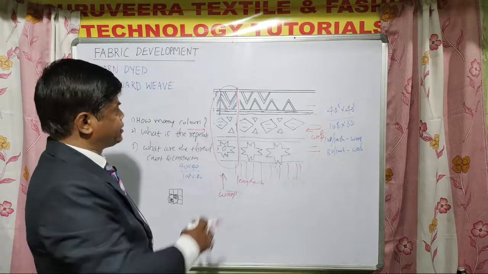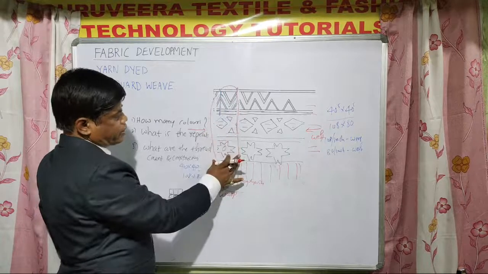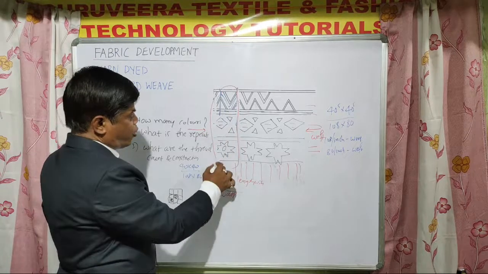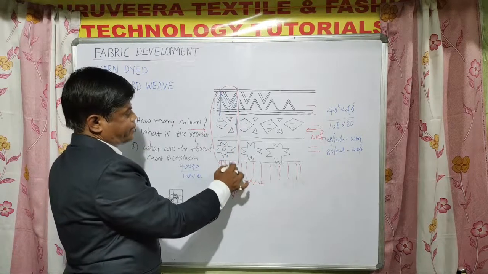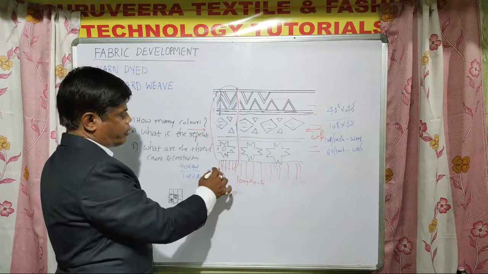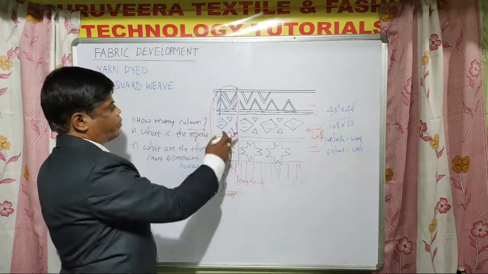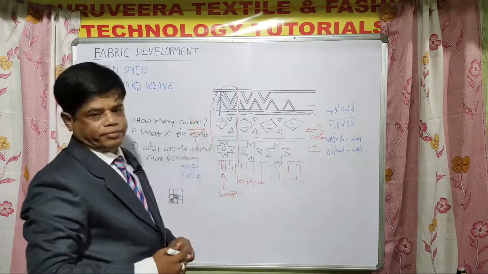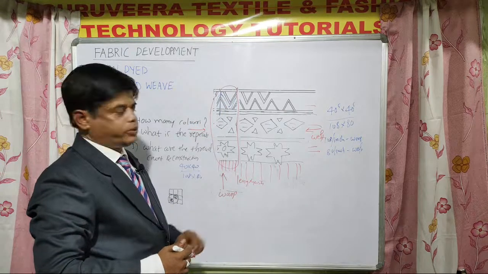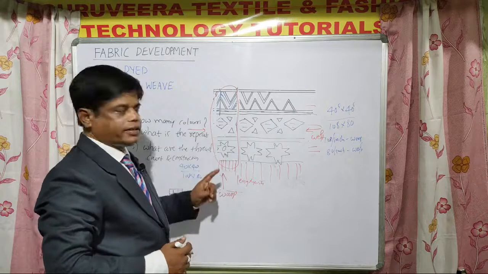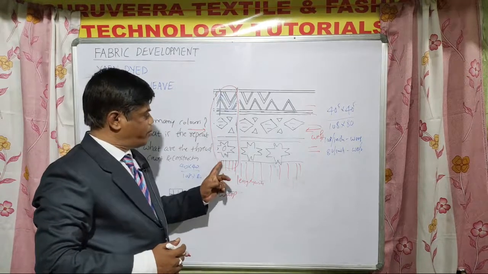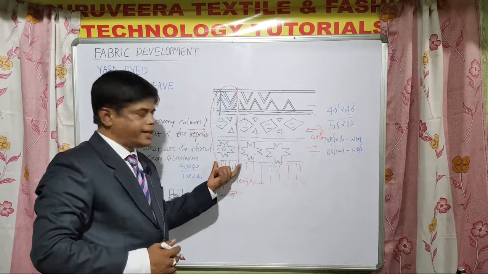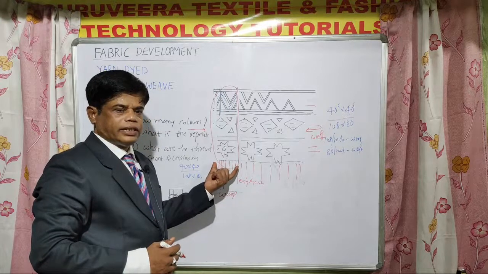Now the question is, in this repeat, how many threads are required? How many warp threads are required? How many weft threads are required to create this design? And also what is the size of this repeat?